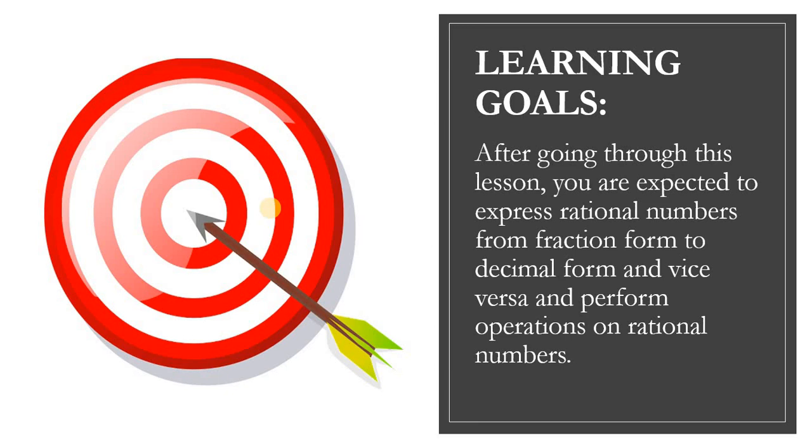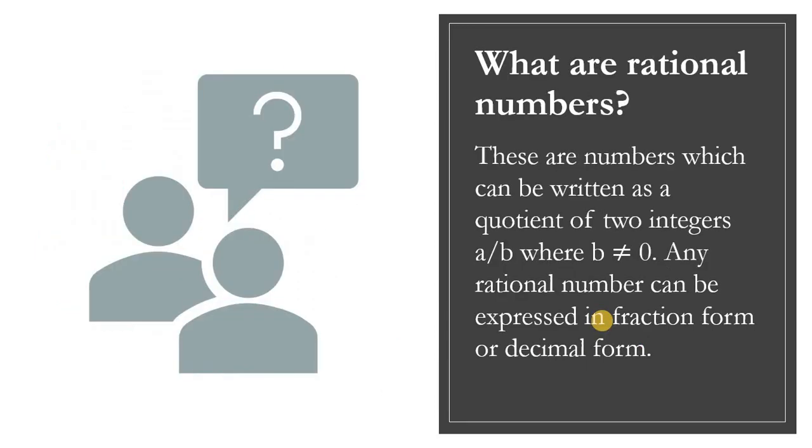So let's proceed to our lesson for this week, our learning goals. After going through this lesson, you are expected to express rational numbers from fraction form to decimal form and vice versa, and perform operations on rational numbers. Okay, now let's first define what rational numbers are.